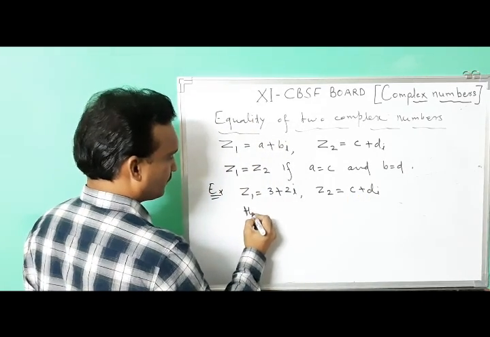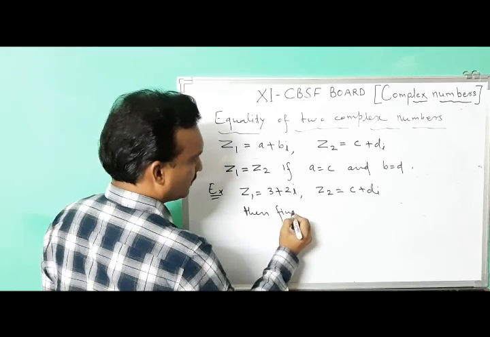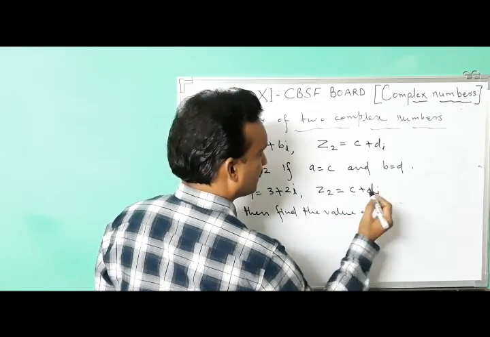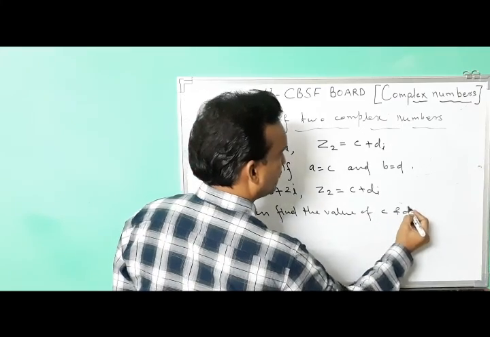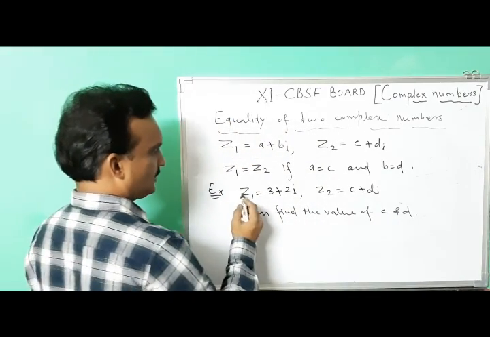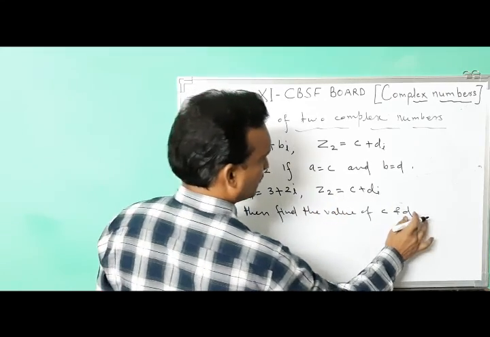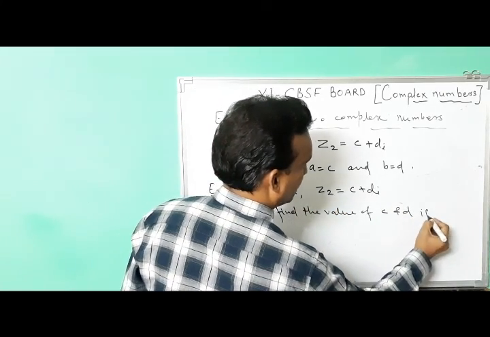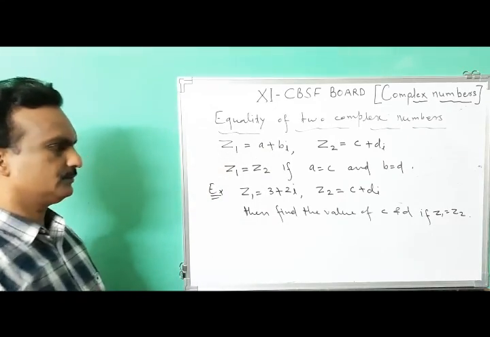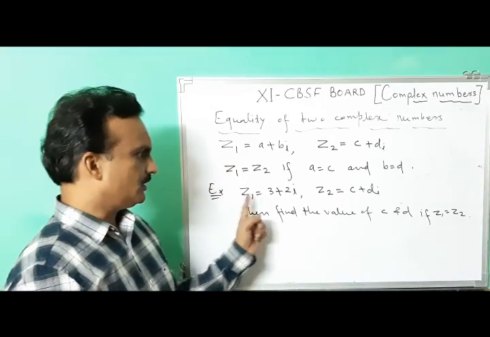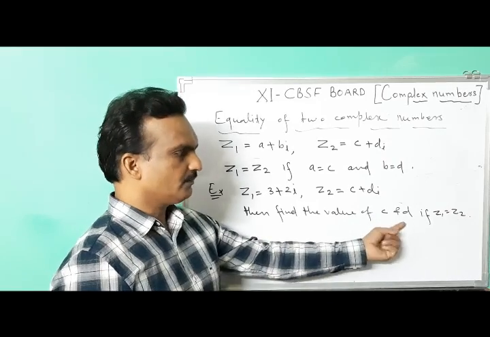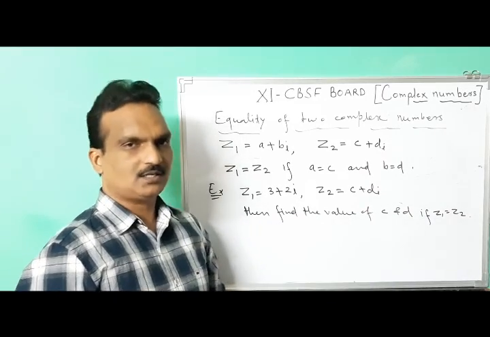Find the value of C and D if Z1 is equal to Z2.